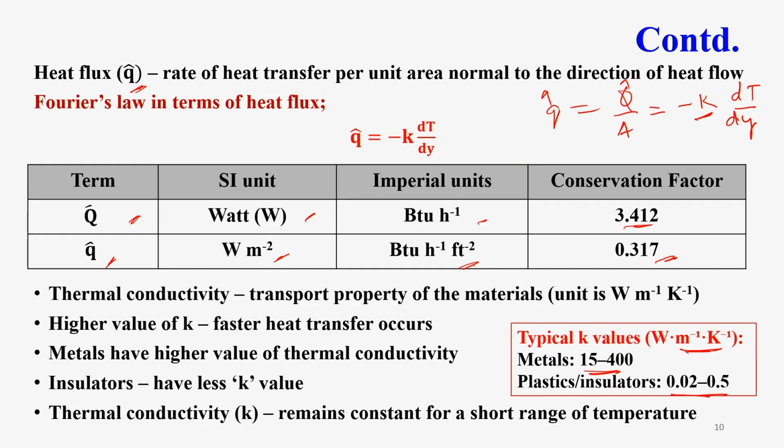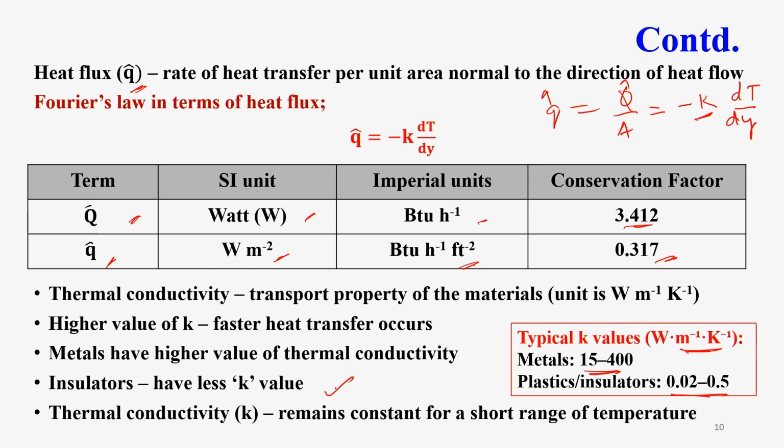So, what it suggests is, if you want to insulate a pipe to avoid loss of heat, then we can use an insulator which has a low value of K, and if you want good heat transfer, then we should choose a material which has a higher value of thermal conductivity.